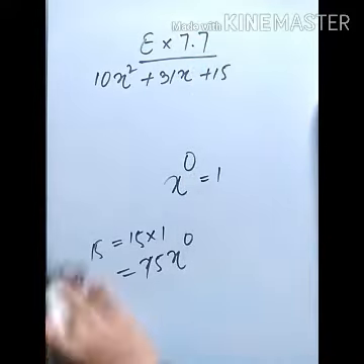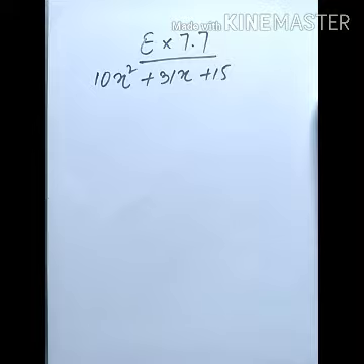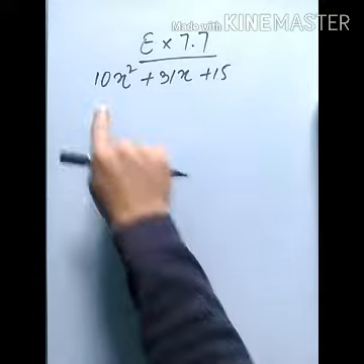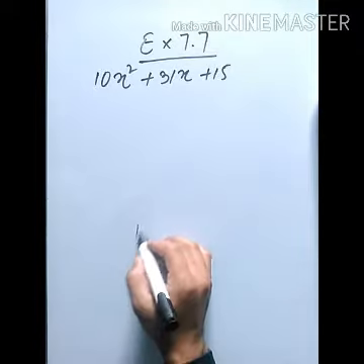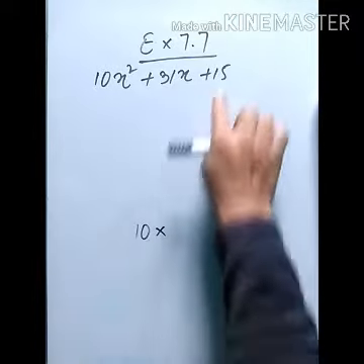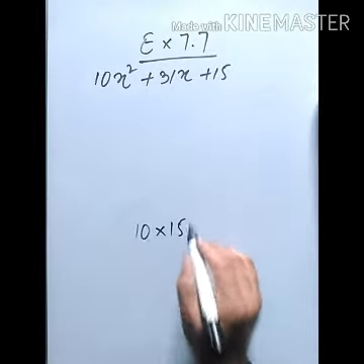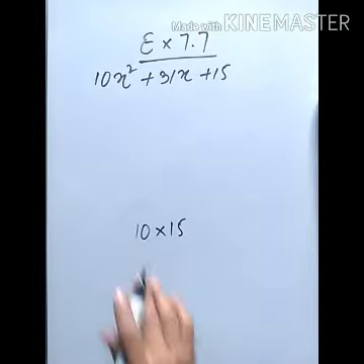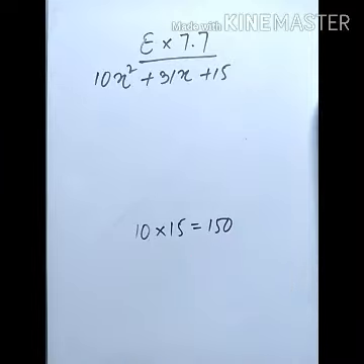Okay, fine. So next what we have to do is write the coefficient of this x square. So this 10 I'll write here. Then what is this? This is 15. So 10 into 15 we have 150.